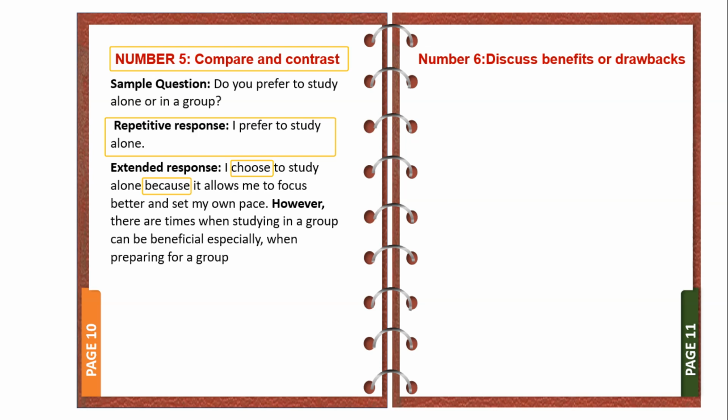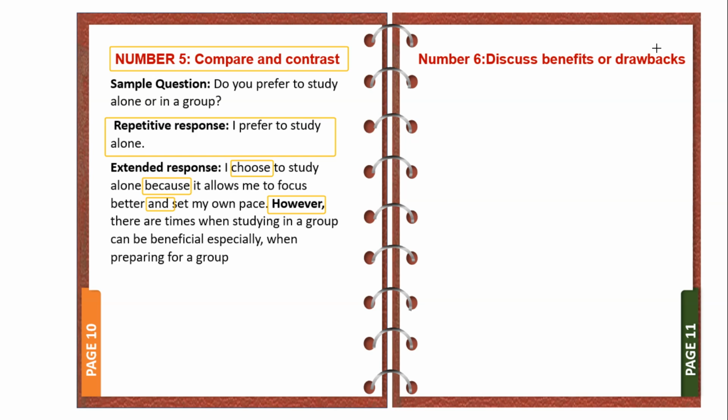So I choose to study alone because it allows me to focus better and set my own pace. However, there are times when studying in a group can be beneficial, especially when preparing for a group project.